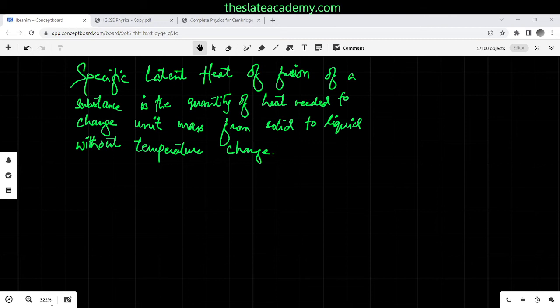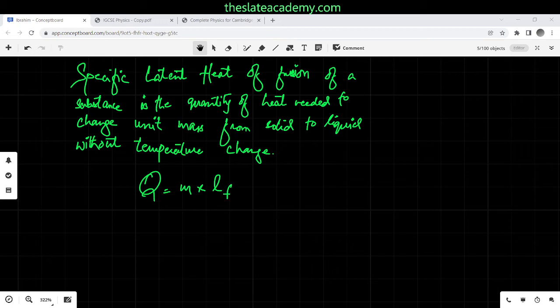We use the formula Q is equal to mass times latent heat of fusion, Q = m Lf. All right. Usually with this L we write a small f to show that this is latent heat of fusion.